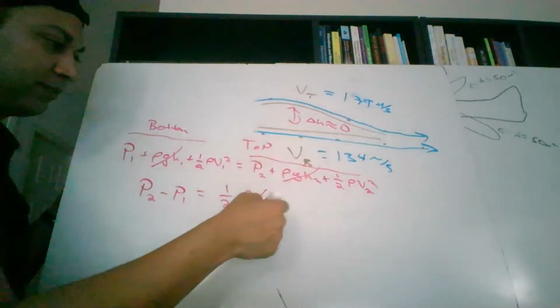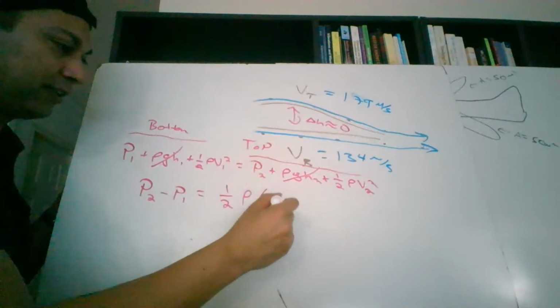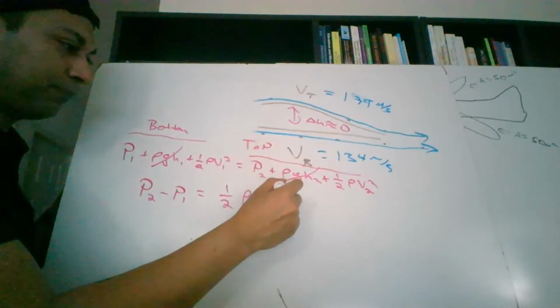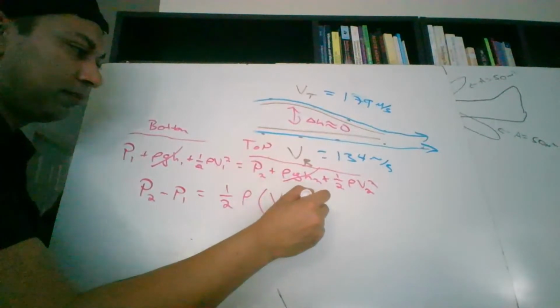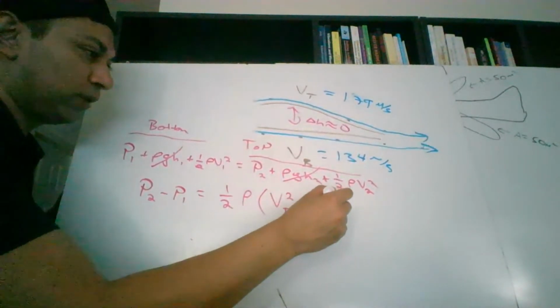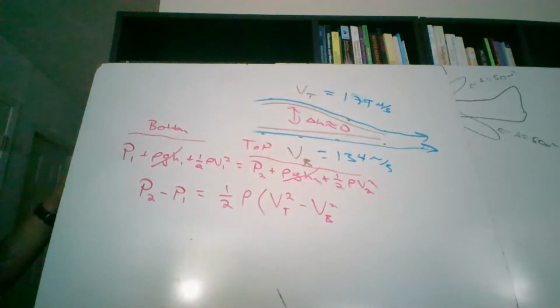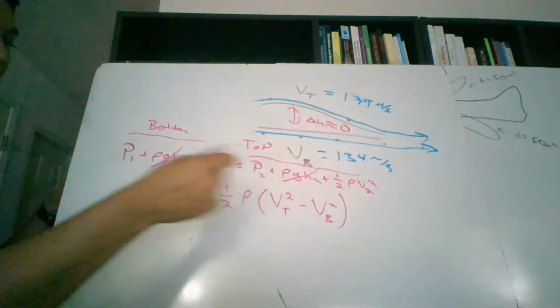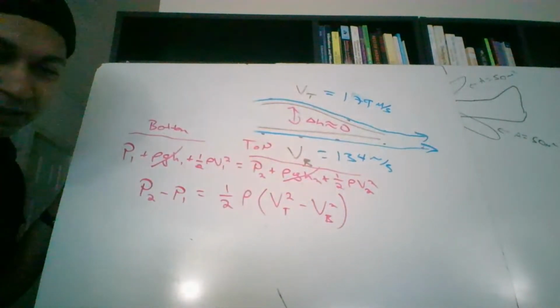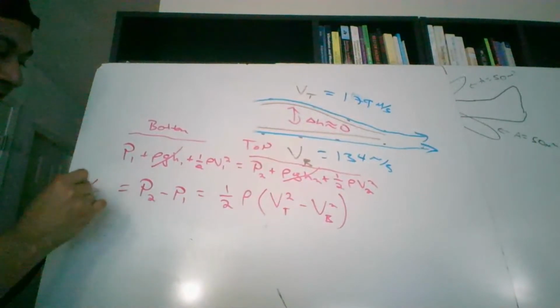Let's just write it in terms of top, bottom. We'll just call it that way as well. The velocity at the top squared minus the velocity at the bottom squared. I think I have this backwards, but who cares? We just want the magnitude of delta P anyways. So this is equal to delta P.